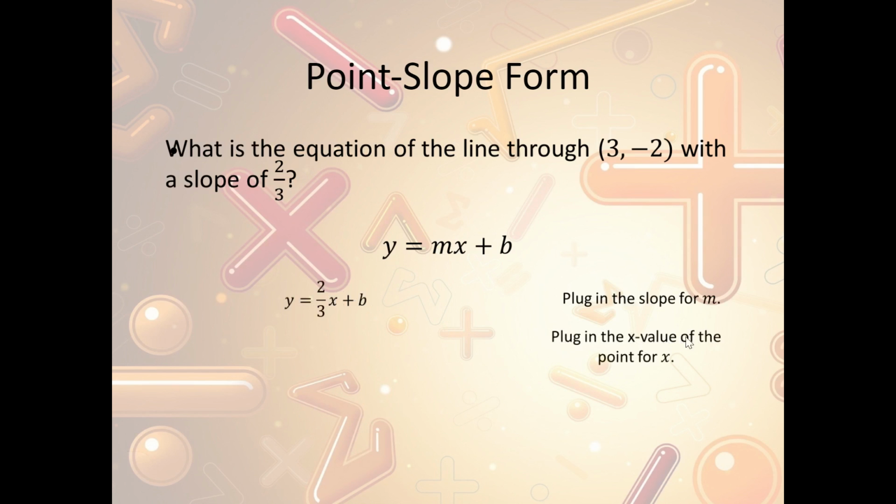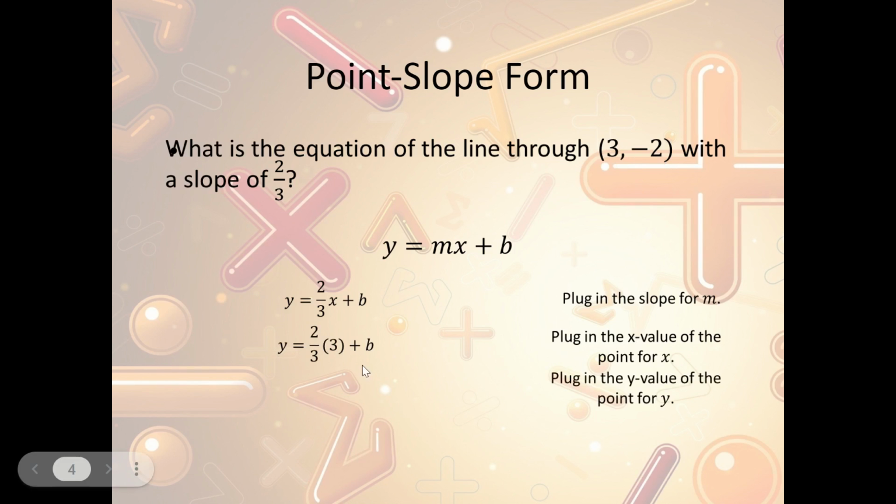Then we'll plug in the x value of the point we know. The x value is 3, so we plug that in for x. And then we plug in the y value for y, which in this case is -2. And we get -2 = 2/3 times 3 + b.